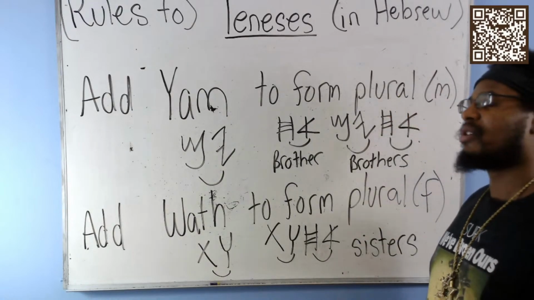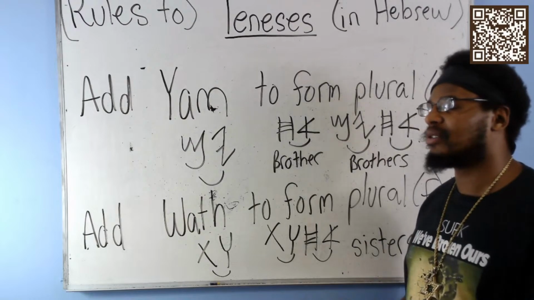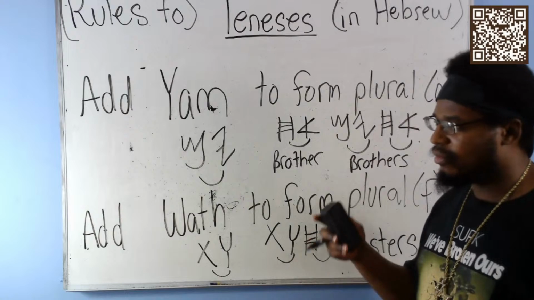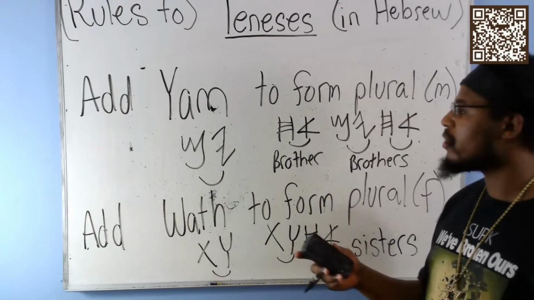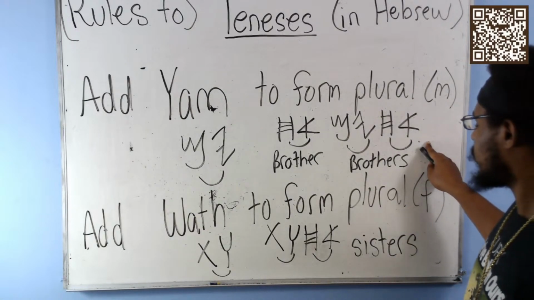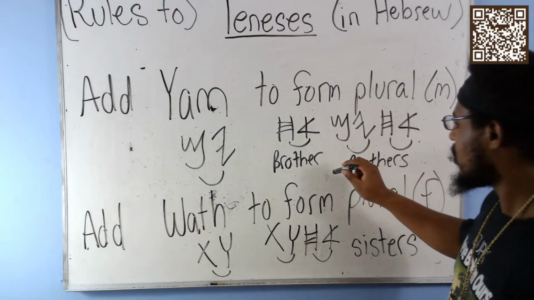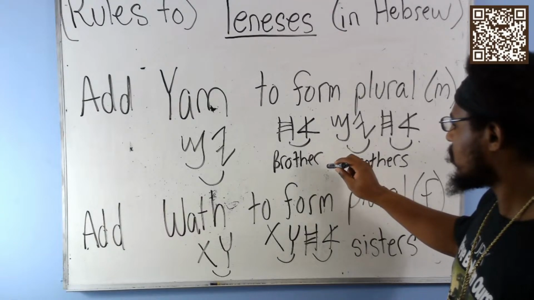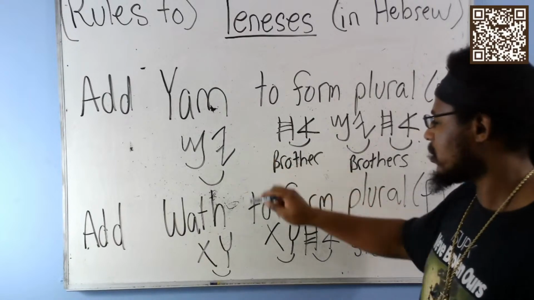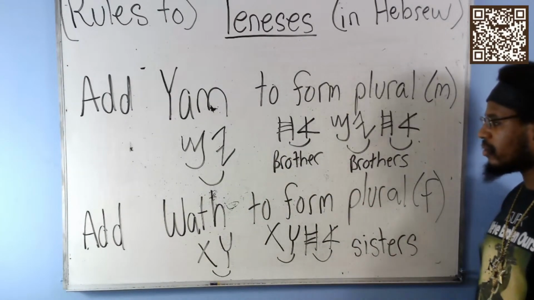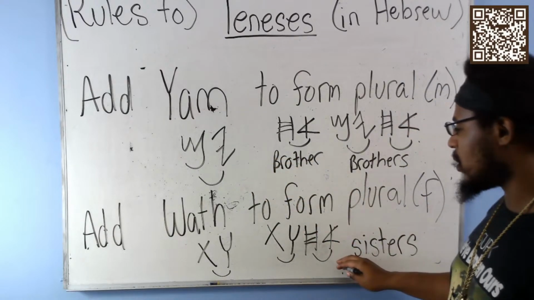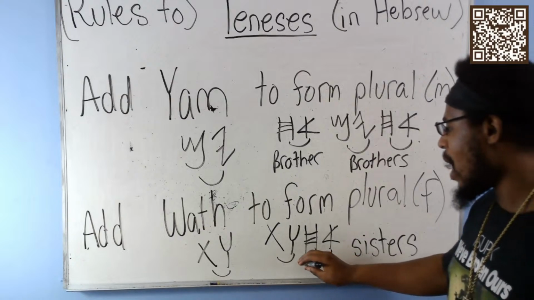For example, for the brother it will be tawab. Brother good. Tawab. Or for this one, it'll be YAHUAH.